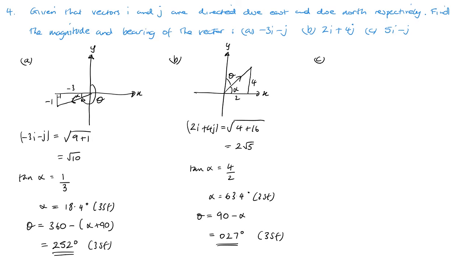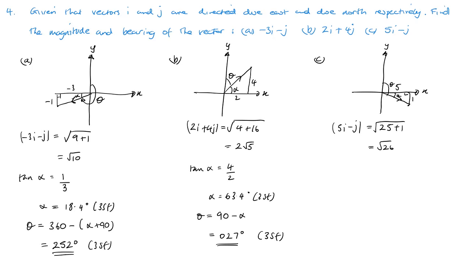And part C, again, a little sketch just to see where we are. We want 5 across, 1 down, so somewhere like that. There's my alpha, and my theta is all of that. So first of all, the magnitude. 25 plus 1, the square root of 26.